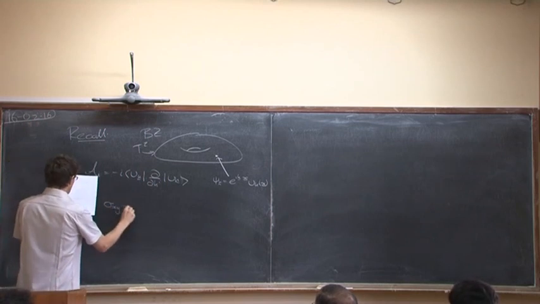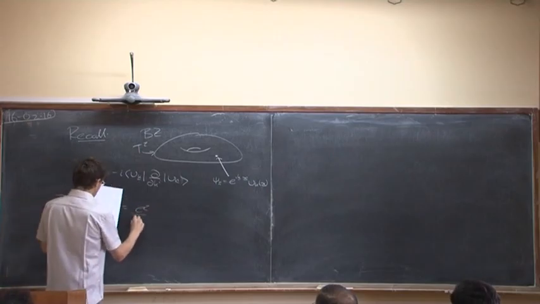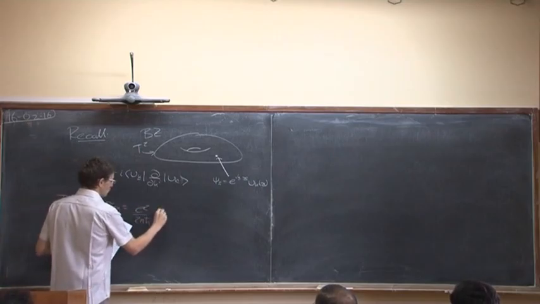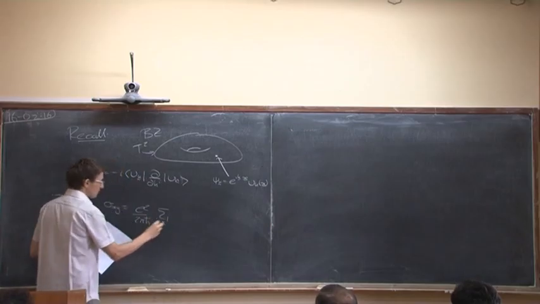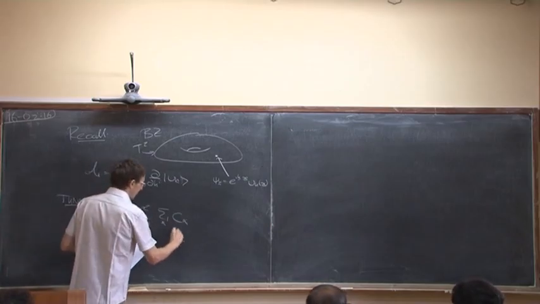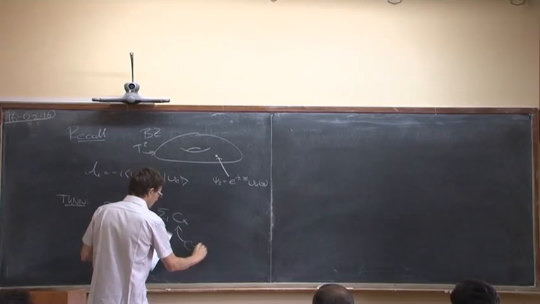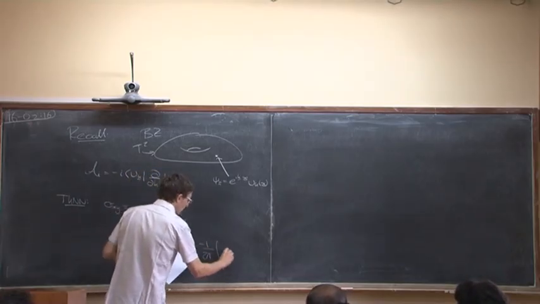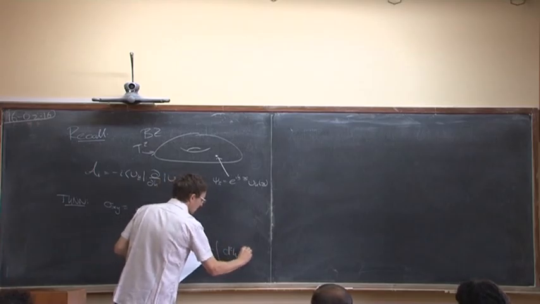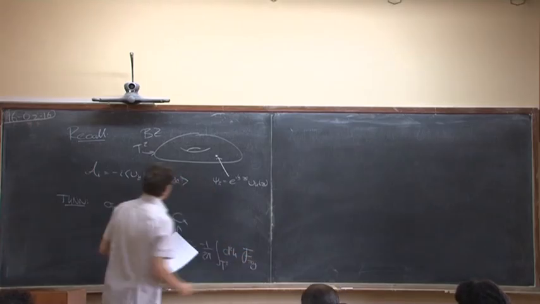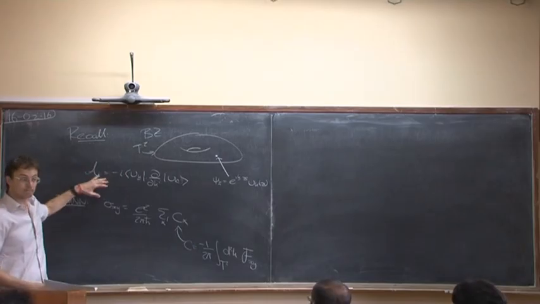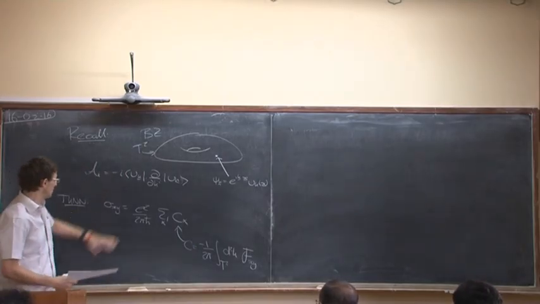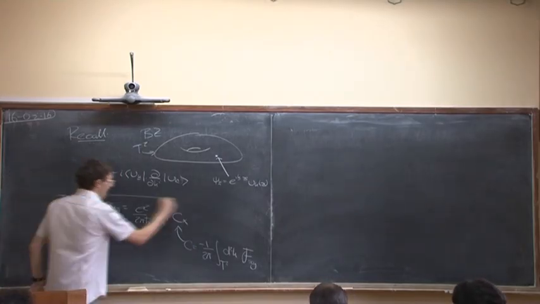It's that sigma_xy is e squared over 2 pi h times the sum over all filled bands, C_alpha, where C_alpha is the Chern number, and the Chern number just means the integral over the Brillouin zone of the field strength associated to this point. Okay, so this is the formula that I wrote down.